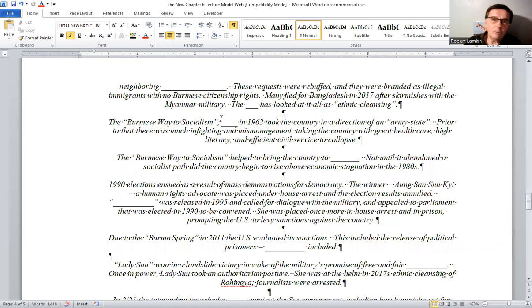We'll look at it with Nigeria when we get to Africa. But Myanmar had great health care, high literacy rates, an efficient civil service. And the Burmese way to socialism under this army state brings it to complete collapse.